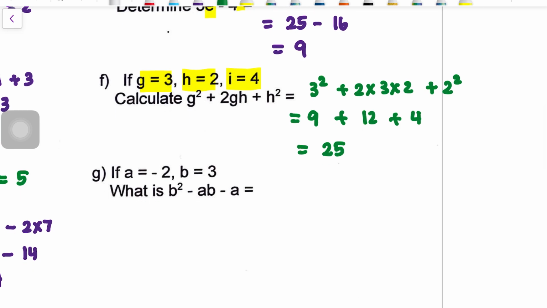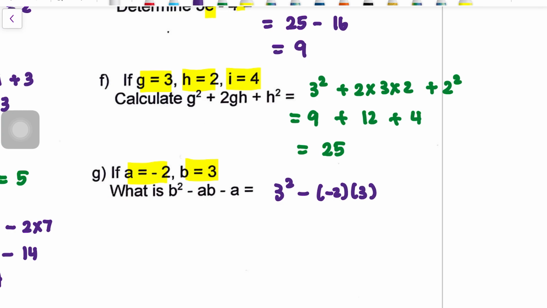If A equals negative 2 and B equals 3, what is b squared minus ab minus a? All right, b squared, it means 3 squared. Let me use a different color pen. 3 squared minus ab. A itself is negative 2, b is 3.